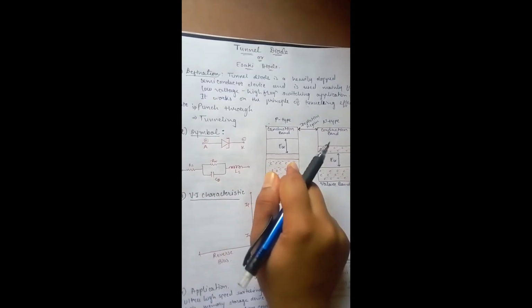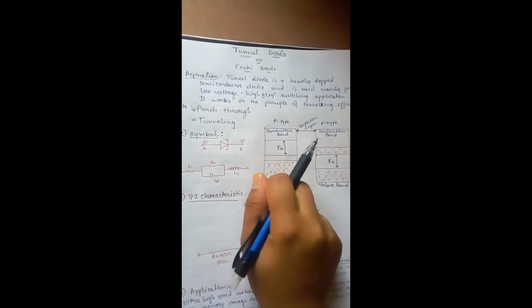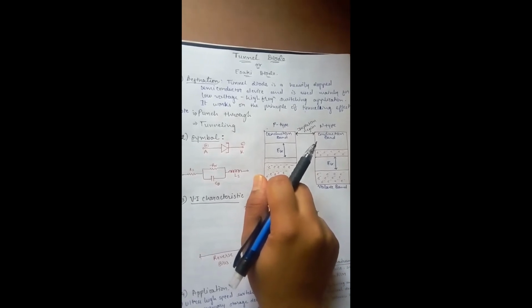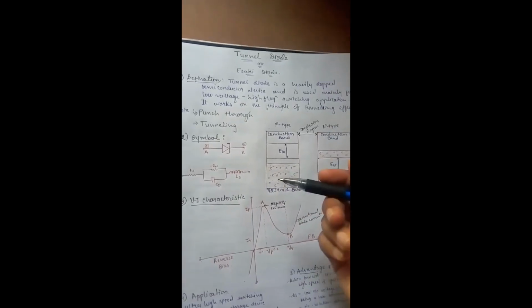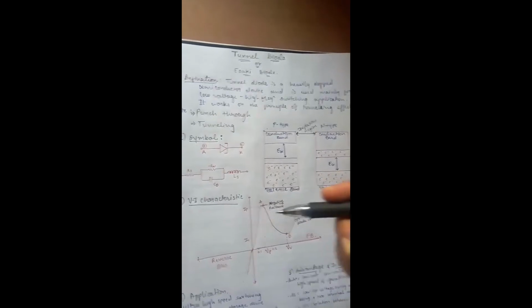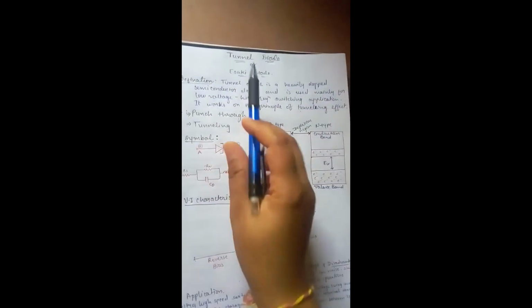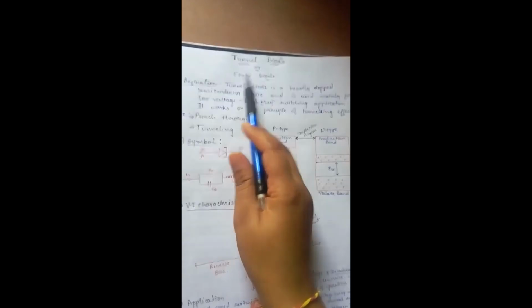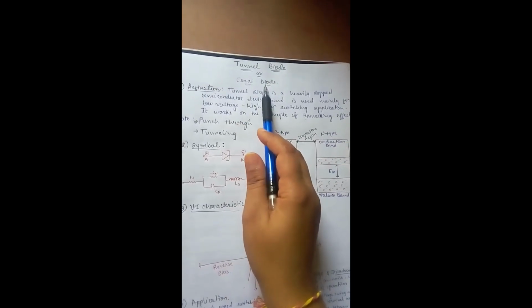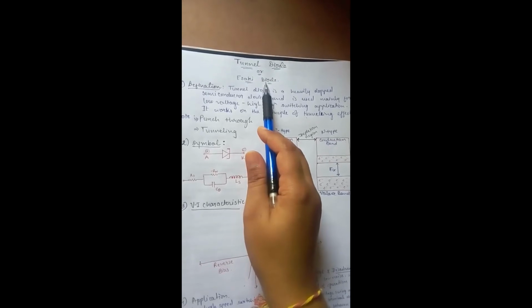In both materials there is doping inserted which is heavy compared to the conventional diode, about thousands of times more doping is used in a tunnel diode. This is also called the Esaki diode, from its inventor's name, Esaki.